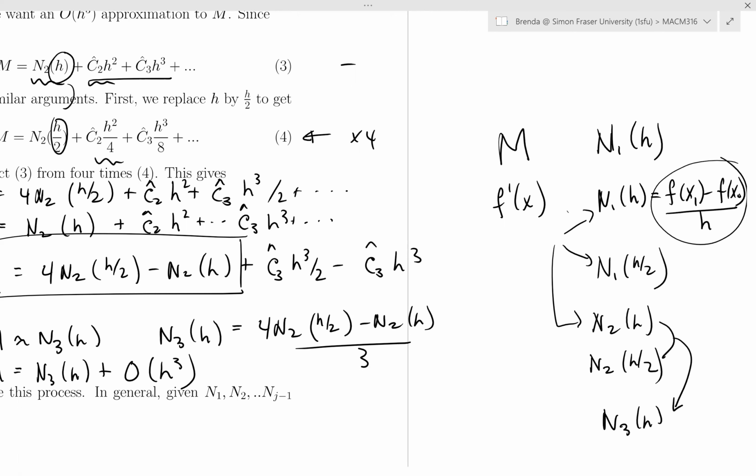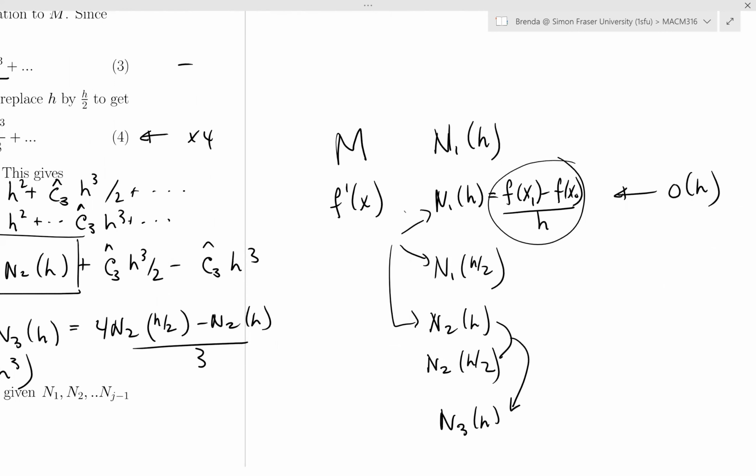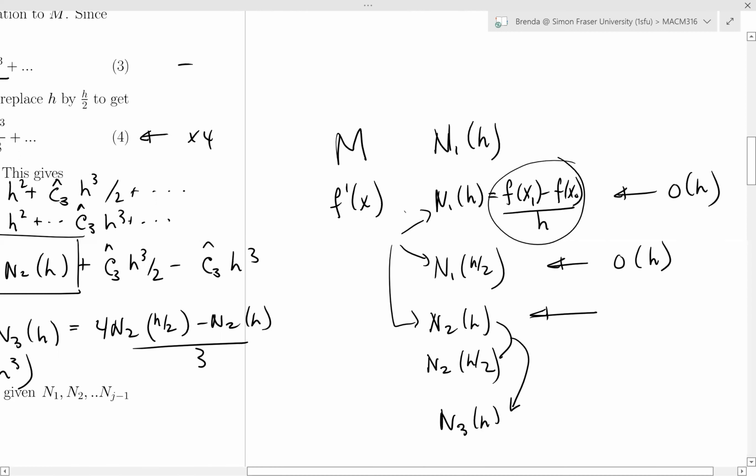Your first approximation, N1 of H, to the derivative was an O(H) approximation. So is this one, the O(H) approximation. Then by combining them, you get this guy, which is an O(H squared) approximation. So it's better accuracy; the error goes down more quickly as H goes to 0.